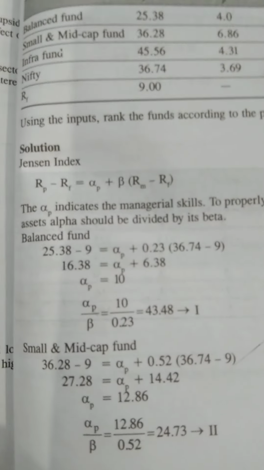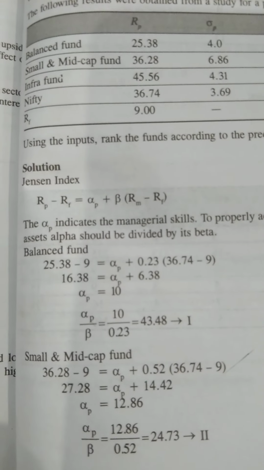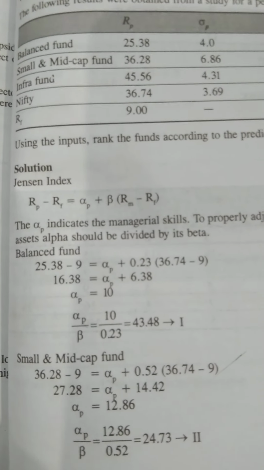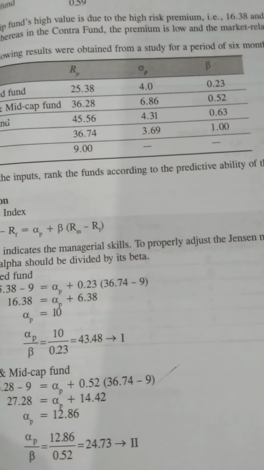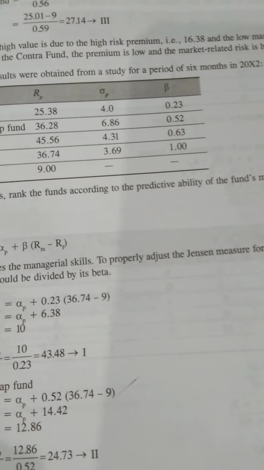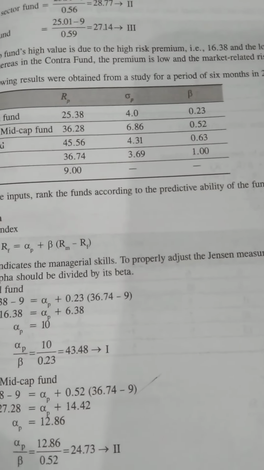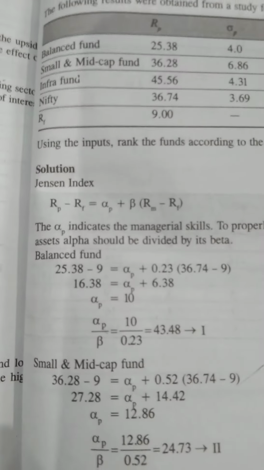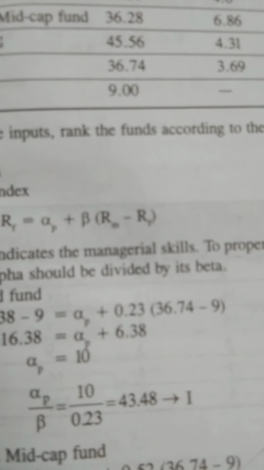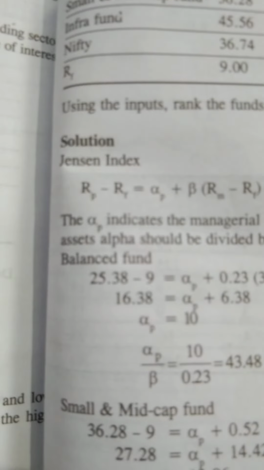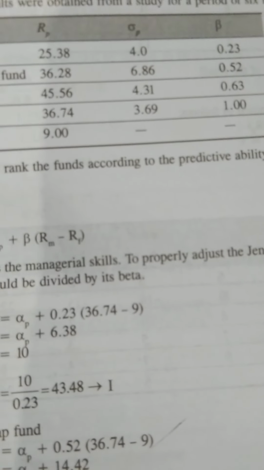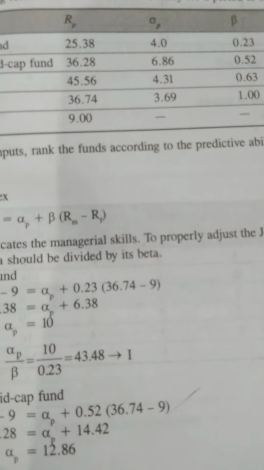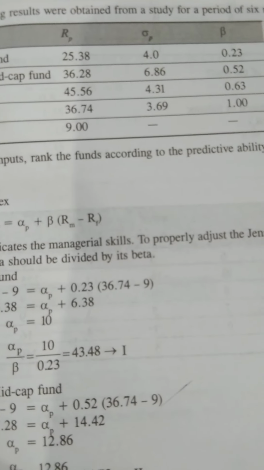Now again, very easy. Rp for the first fund, I am clarifying, what is Rp? 25.3. What is the risk free return? If anybody asks you, the risk free return is 9. Somewhere it is automatically given; look at the question, Rf is given as 9. Then the beta value for the first fund is also given, 0.23.